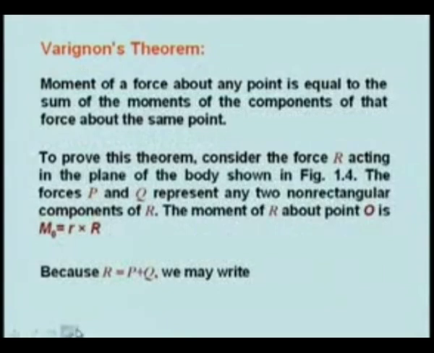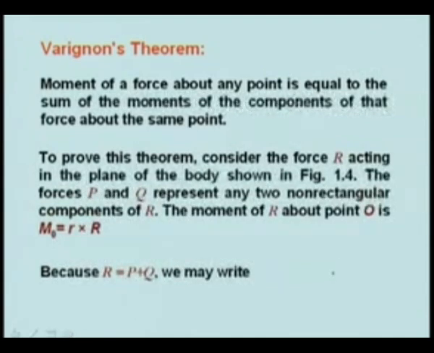Now there is a theorem of Varignon. It states that the moment of a force about any point is equal to the sum of the moments of the components of that force about the same point. So this theorem helps us to find out the moments easily.